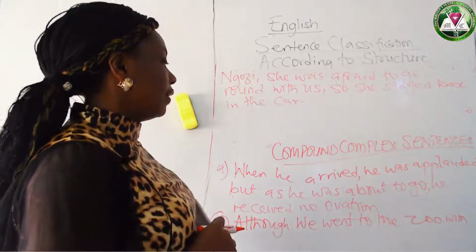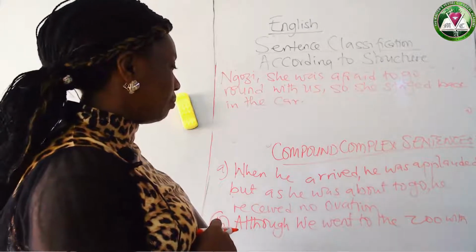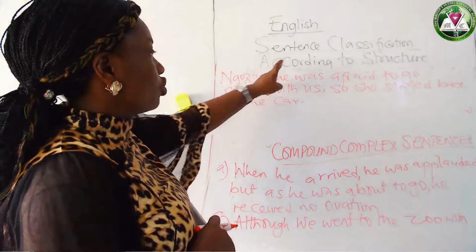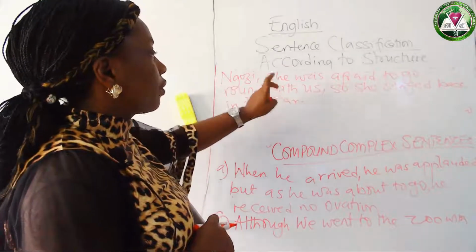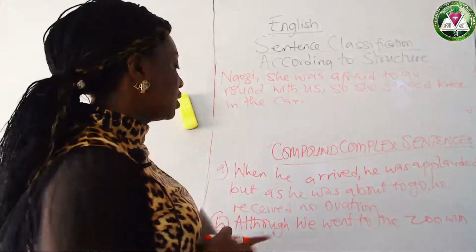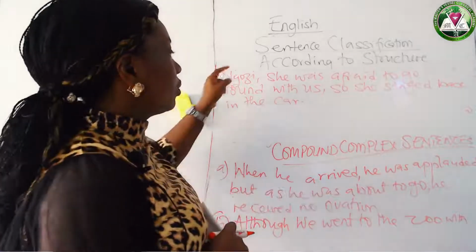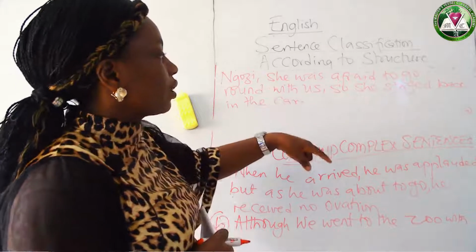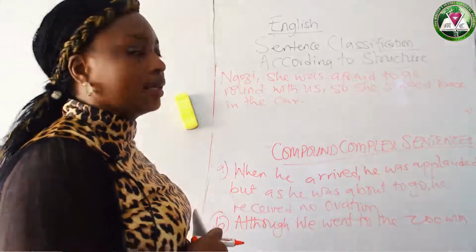So you can see we have how many main ideas there? 1, 2, 3, 4. The first one is we went to the zoo. The second one, she was afraid to go round with us. The third one, she stayed back in the car.